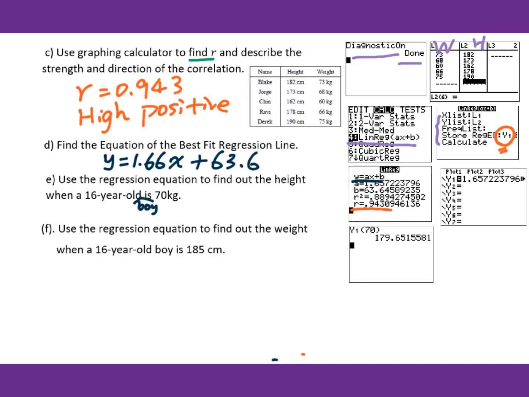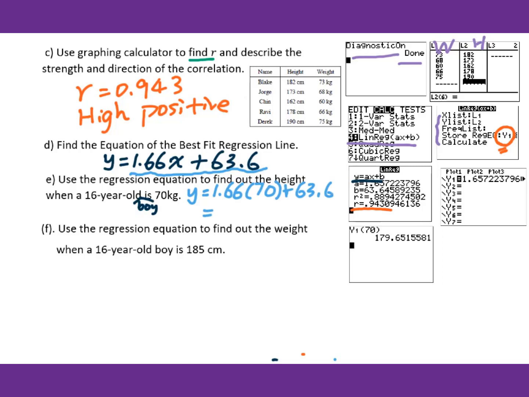Look at E. Use the regression equation to find the height when a 16-year-old boy is 70 kilograms. We have 2 ways to do that. One way, we just plug into this equation. So we get y equals 1.66 times 70 plus 63.6.